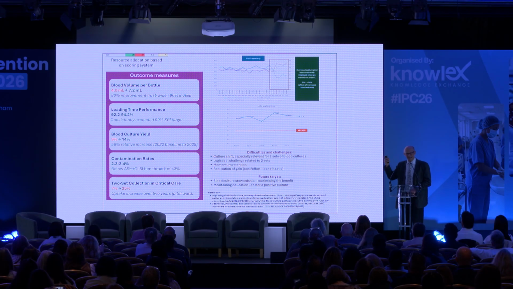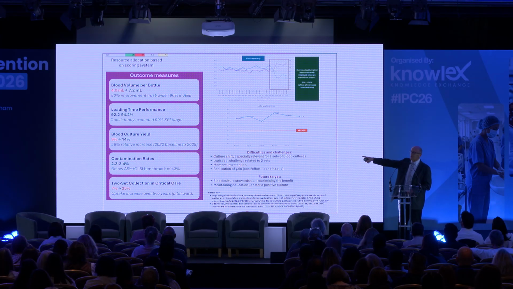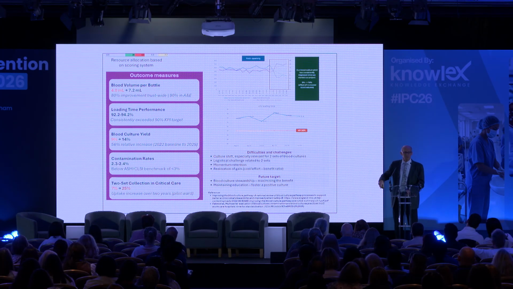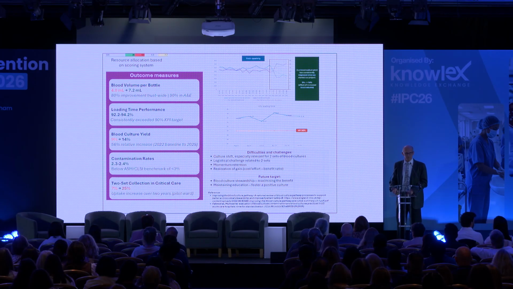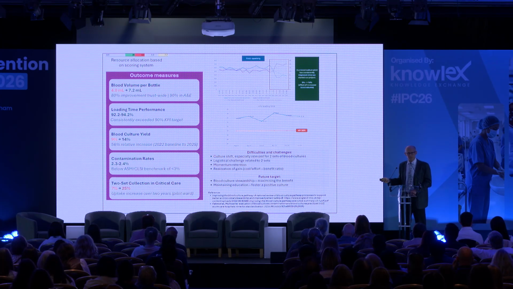So this is where my drum about ascertainment is important. Their contamination rate didn't change. So it wasn't as though by putting more blood in the bottles, they were just sampling more skin flora by badly taken blood cultures. That increased positivity was almost certainly due to real pathogens that were being missed otherwise.